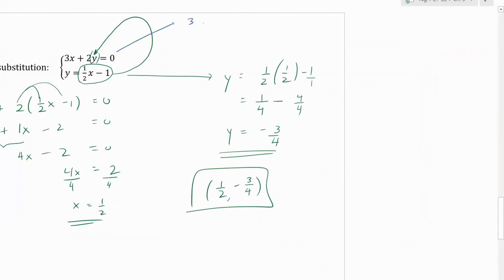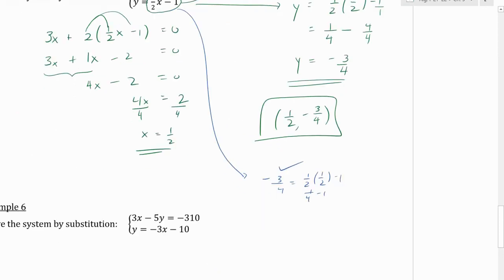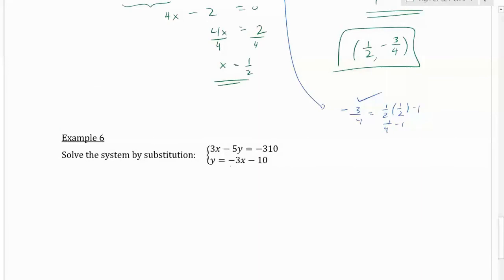Top one, 3 times x plus 2 times y is 0. So this is 3/2. Here's 2 goes in that twice, minus 3/2. It sure is. And then is the y, I'm checking the bottom one now, equal to half of the x minus 1? It sure is.